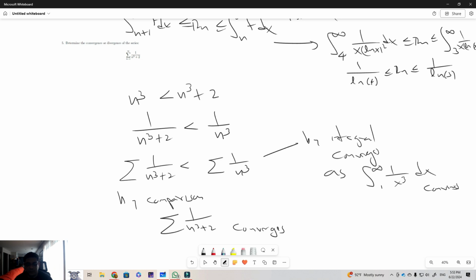We used the integral test in the previous video, so that's why I'm not redoing the calculations. In the previous video, we actually proved that this is converging by the integral test. So I'm now only going to use it by comparison, and by comparison to the other one, that makes the bigger one converge. Okay, so that's the end of the worksheet for this week.